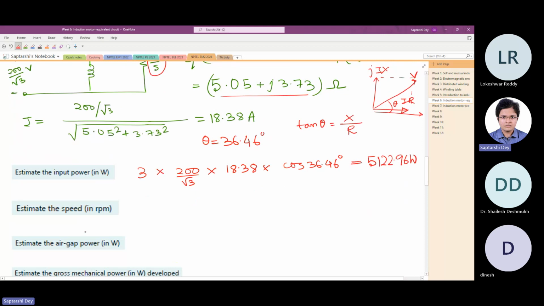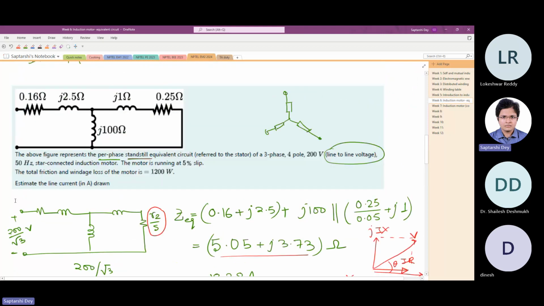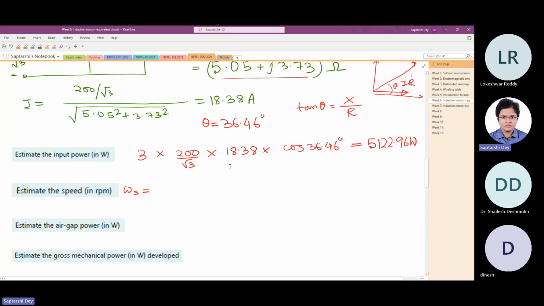Estimate the speed in RPM. Slip is given. What is the synchronous speed? 4-pole 50 Hertz is 1500 RPM. 2-pole is 3000, 4-pole 1500.